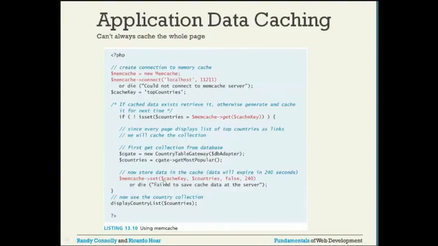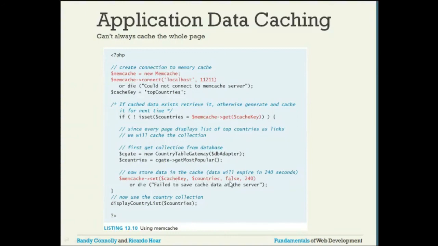So we have the $cache key. What is the $cache key? It is top countries that will be used as a key, and $countries is the list of countries, meaning the values. Like if there are 100 countries, all that list will be available here. So top countries will be mapped to this value, and false.